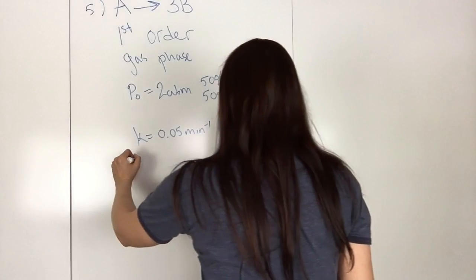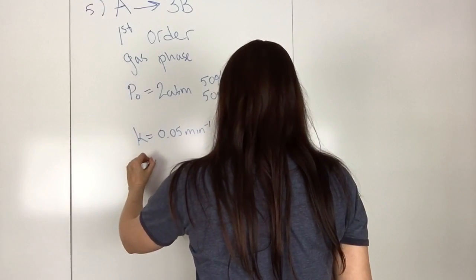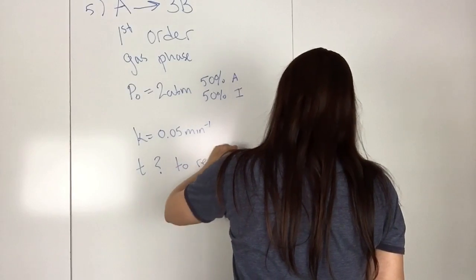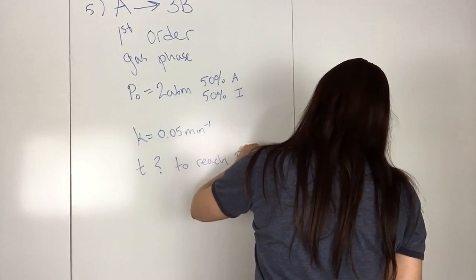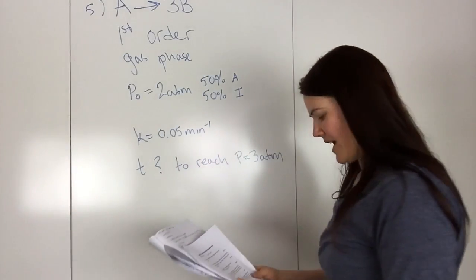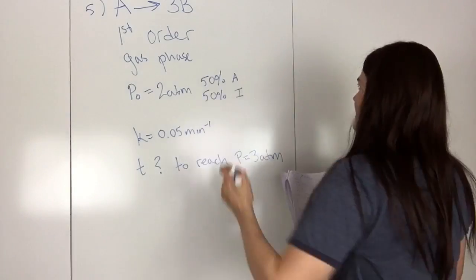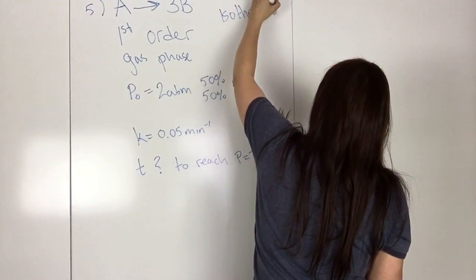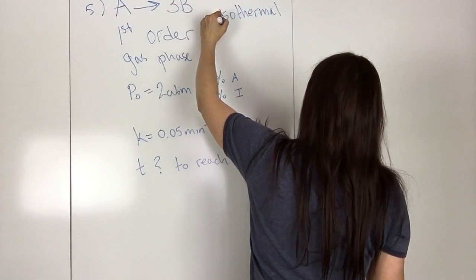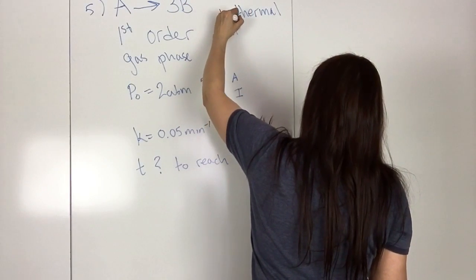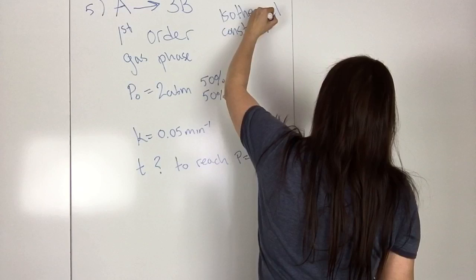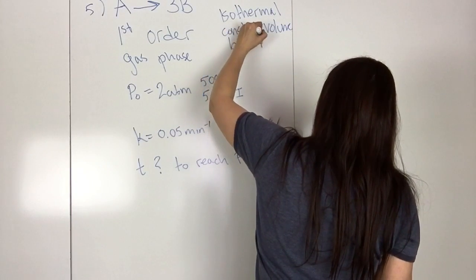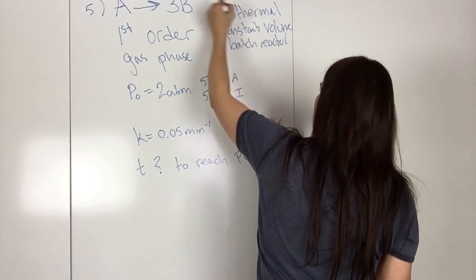So what we're looking for is the time to reach P equals 3 atmospheres. I'm also going to assume that this is isothermal and a constant volume batch reactor.